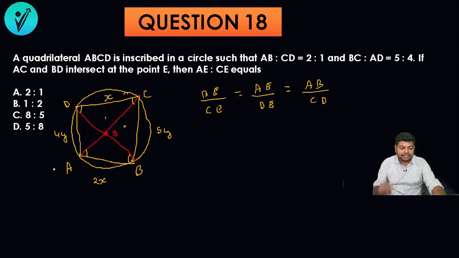Okay, so this triangle and this triangle are similar. As these two triangles are similar, I simply wrote down this relation. And what's the ratio of AB upon CD? The ratio of AB upon CD is 2 upon 1. So let's write it here.